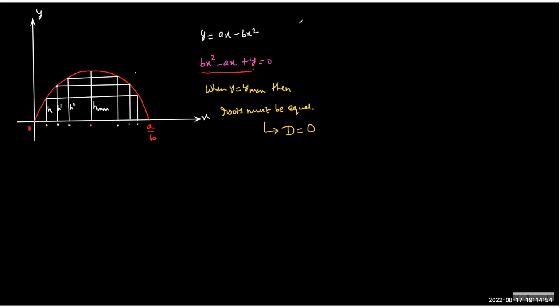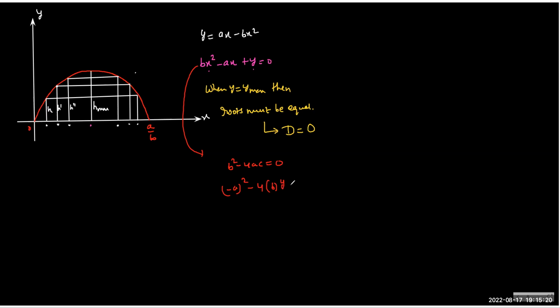Tell me. b square. What is b here? Minus a. So b is minus a, whole square, minus 4. What is a here? b. And what is c here? y itself is c, right?